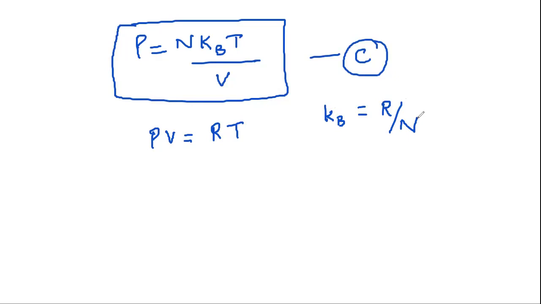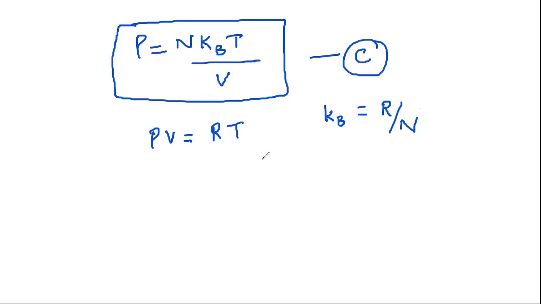Therefore, you can see that we have obtained the same expression for pressure of an ideal gas, same as that of the equation of state PV equals RT, using Maxwell Boltzmann statistics.